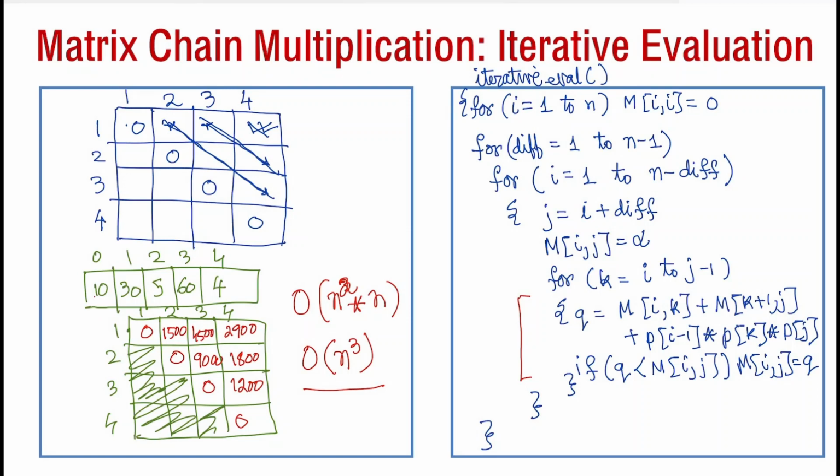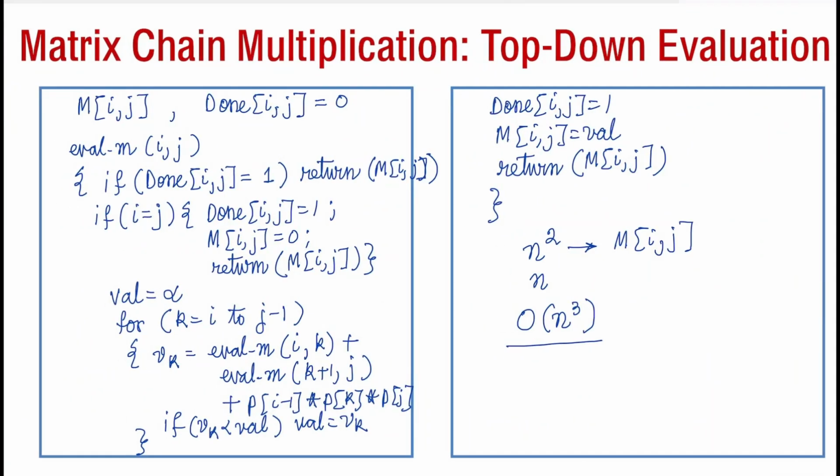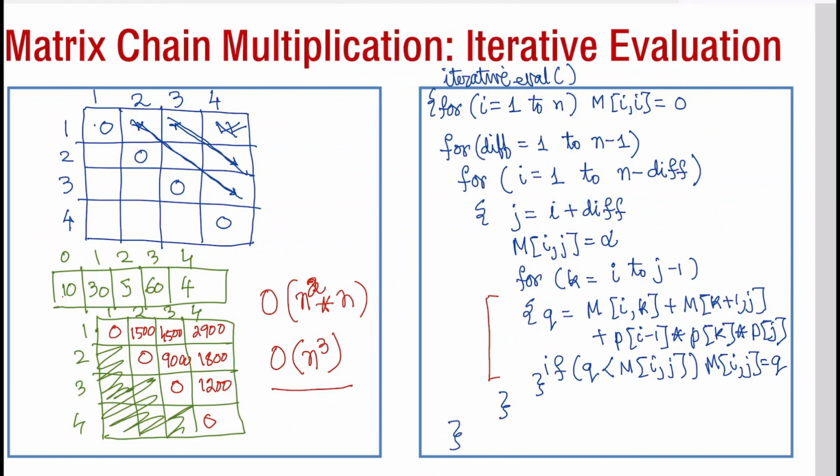But as I have discussed earlier, always the iterative algorithm may not be possible, and in that case the generalized top-down algorithm, though it appears to be more complex with a done array and things like that, also does an order n cubed computation.